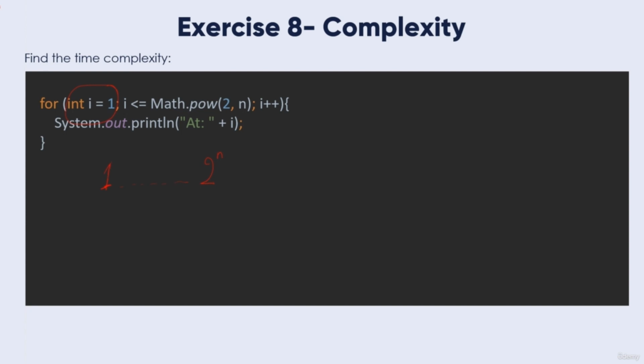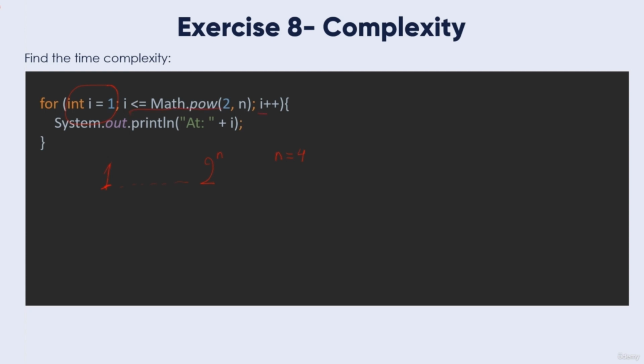So if we pass any number n to this loop, it will go through from 1 till 2 to the power n. If n equals 4, for example, there is also a condition here.